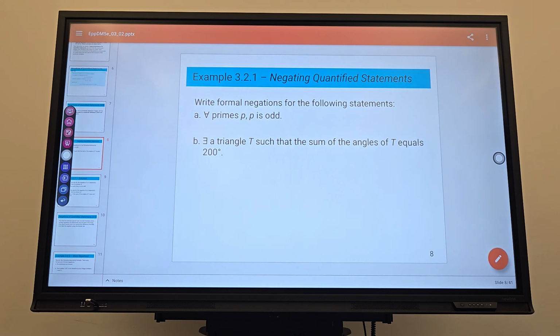All right, formal negations of the following statements. For all primes P, P is odd, which is false. The negation would be there exists a prime P such that P is even, which is true because 2 is a prime number and it's even.